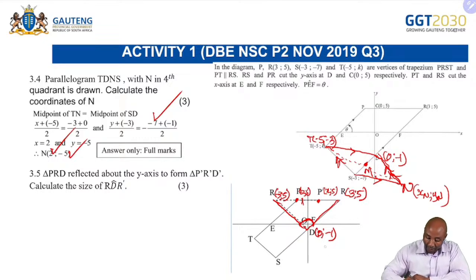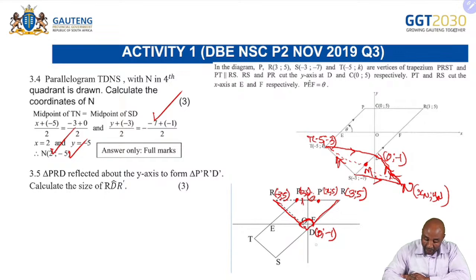You are able to find the distance DR, you are able to find the DR prime, which is the reflected part, and you are also able to find the R reflected distance using your distance formula, or by simply saying this is 3 minus negative 3, this will give us 6 as the distance of R and R reflected.